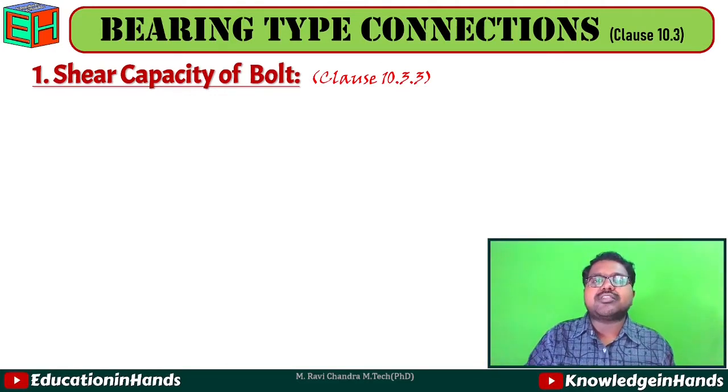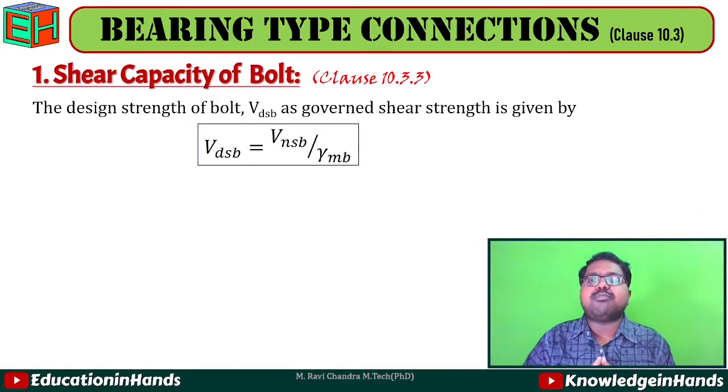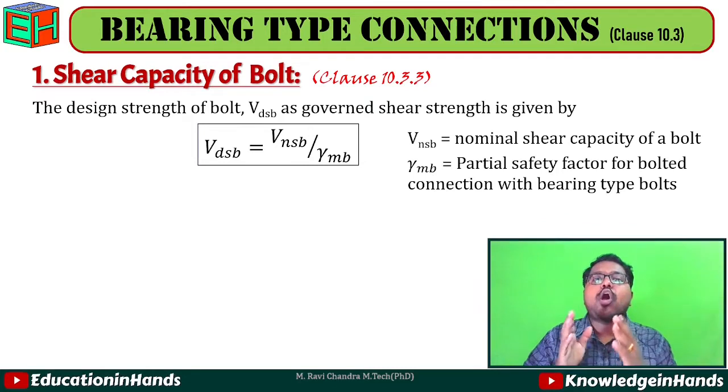So according to this clause, what they mention is the design strength of bolt VDSB as governed by the shear strength is given as VDSB equal to VNSB by gamma MB, where VNSB is nothing but nominal shear capacity of the bolt and gamma MB is the partial safety factor for bolted connection with bearing type of bolts.